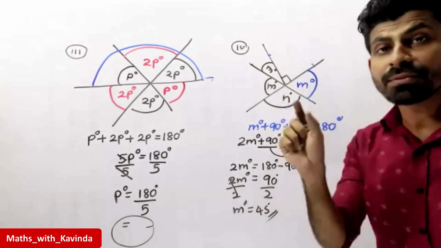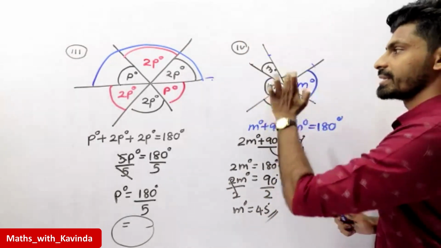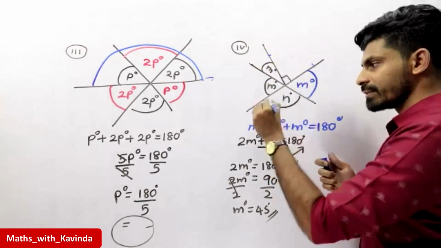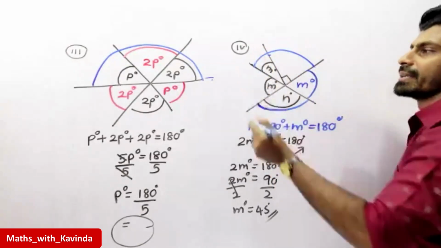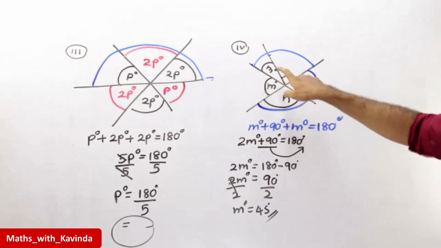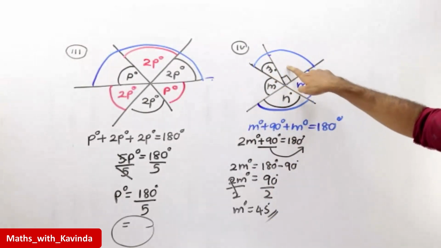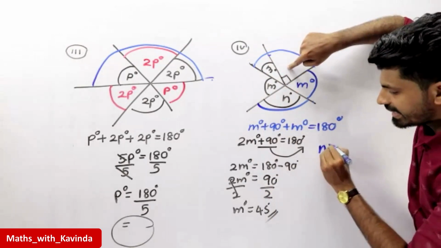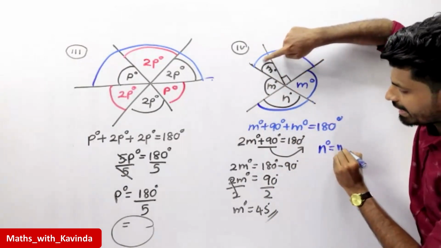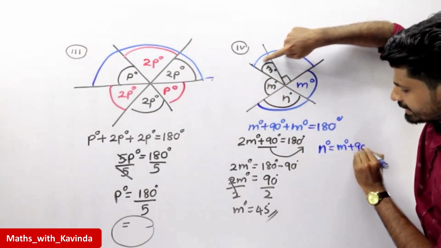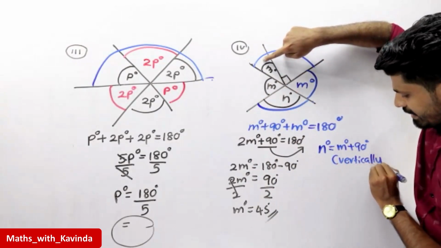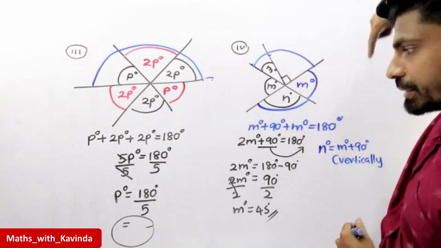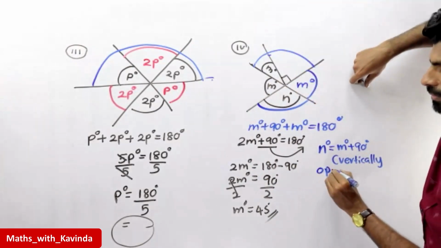How to find the value of N? Those two angles are equal. So N equals M plus 90. Vertically opposite angles, you need to write down the reason.